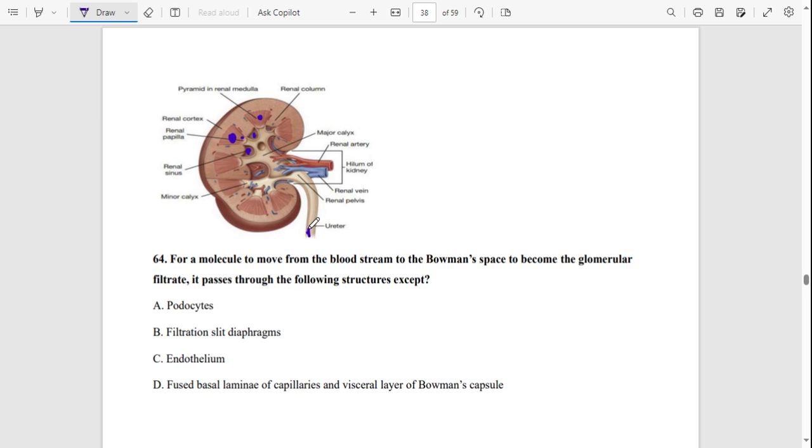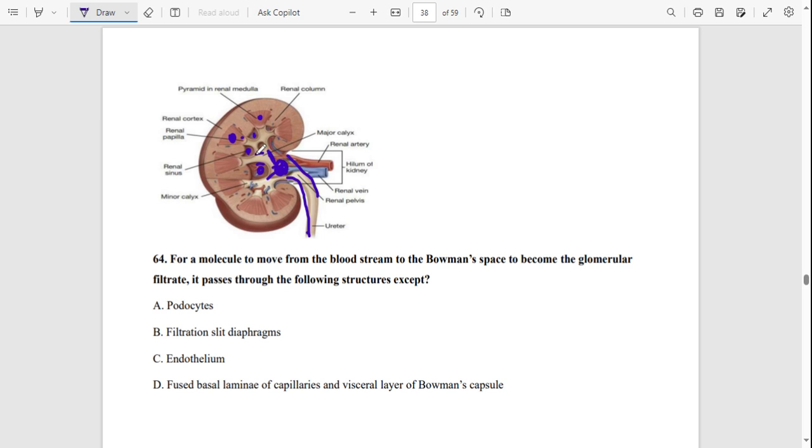So when the ureter is going into the kidney, it is going to reach this hilum. There is a space here which is known as the renal sinus, and that is where the pyramid begins to enter the kidney. And then the pyramid is going to be divided into major calyces.